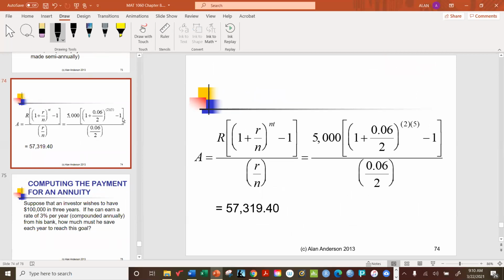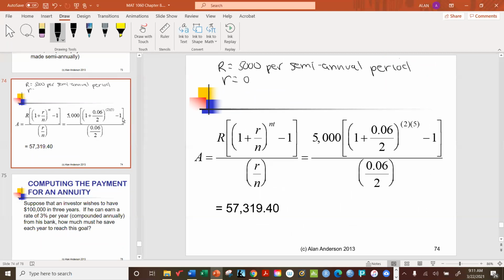Now remember, we're getting $5,000 twice a year. So R is the repeated payment. The annual rate of interest is 6% per year.